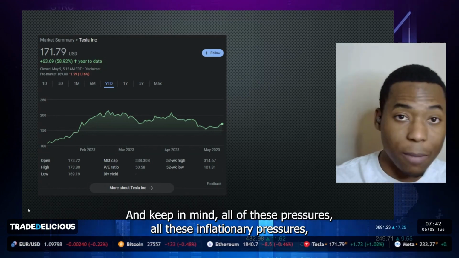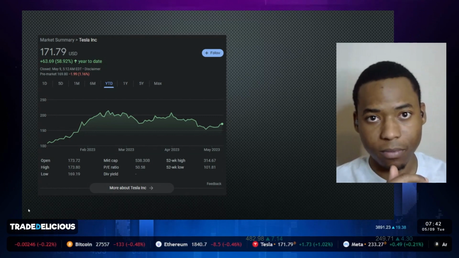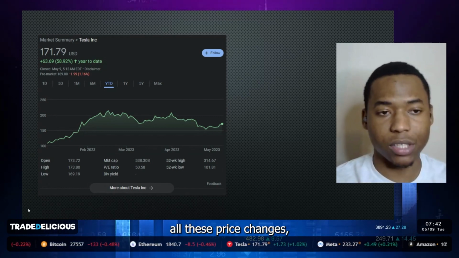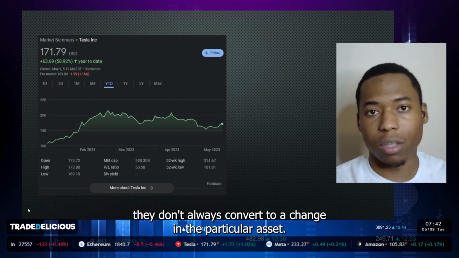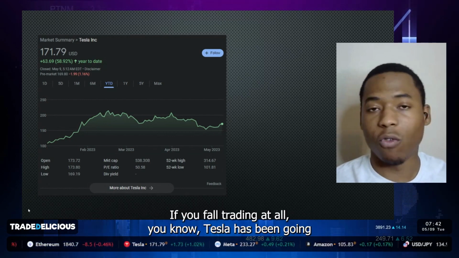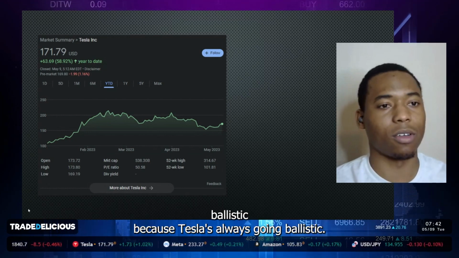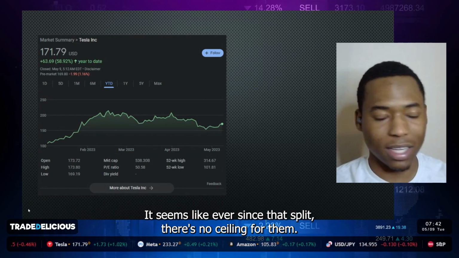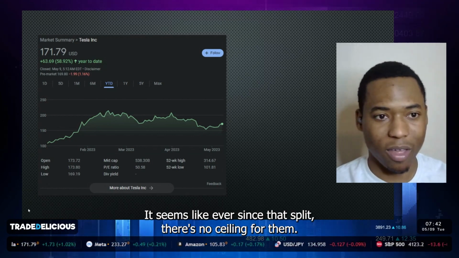And keep in mind all of these inflationary pressures, all of these price changes, they don't always convert to a change in the particular asset. So we've been looking at Tesla. If you follow trading at all, you know Tesla's been going ballistic because Tesla's always going ballistic. It seems like ever since that split, there's no ceiling for them.